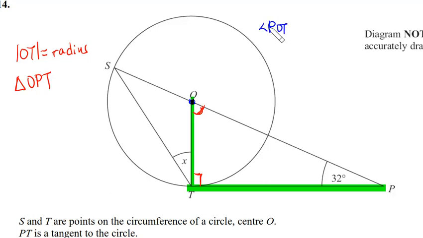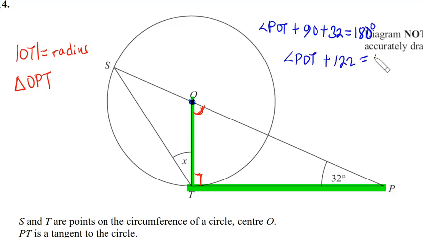The measure of angle POT plus 90 degrees plus 32 degrees equals 180 degrees, since the sum of angles in a triangle is 180 degrees. So let us sum up 90 plus 32: 90 plus 32 equals 122 degrees. So the measure of angle POT plus 122 equals 180 degrees.